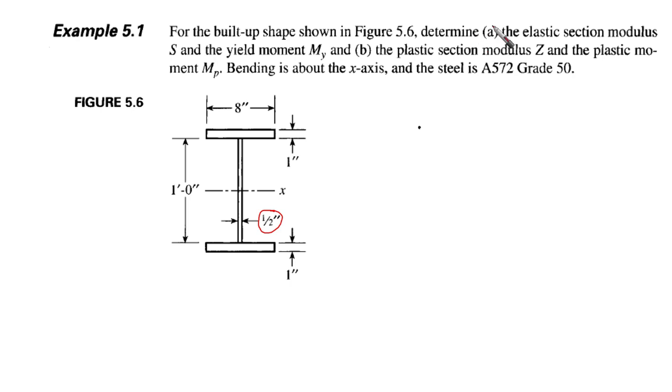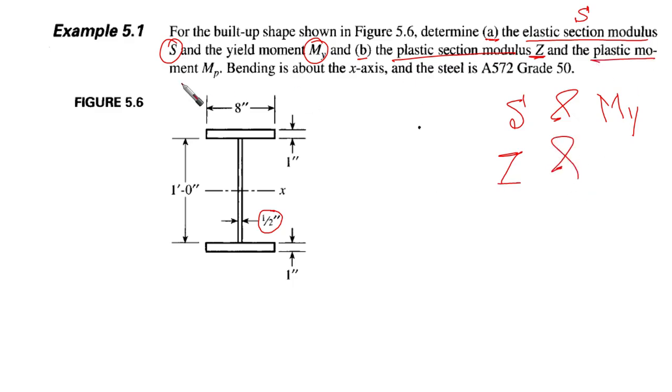Determine two things, A and B. For A, the elastic section modulus, which is S, and the yield moment, so we want S and M yield. The second is the plastic section modulus, which is Z, and of course the plastic moment, which is MP, for the same cross section.